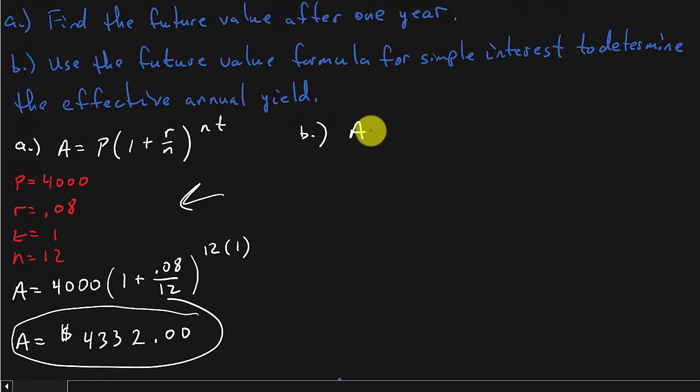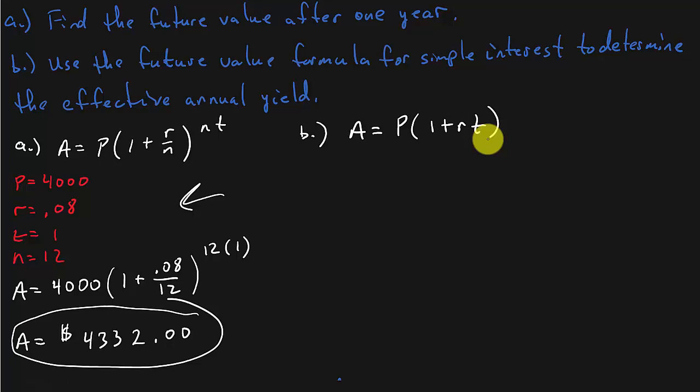That is A equals P times (1 plus RT). That's in another video that I did on simple interest. All right, that's the formula for simple interest. So we want to know what interest rate R is going to produce that money in the same amount of time at the end of that year.